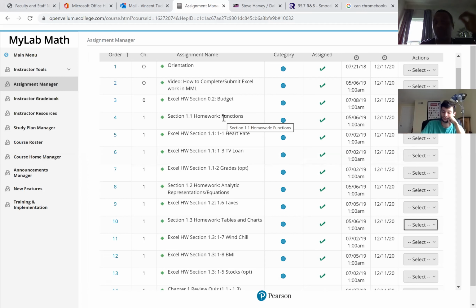Even if you're having issues with downloading, like in my other class, some people are having issues downloading the Excel. If you're dealing with a Chromebook, you'll have an issue downloading the Excel files. All other computers should be fine, but if you're having issues downloading the Excel files, let me know so we can see if there's some way to help you out there.